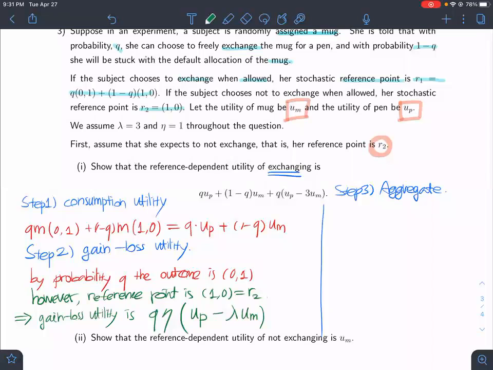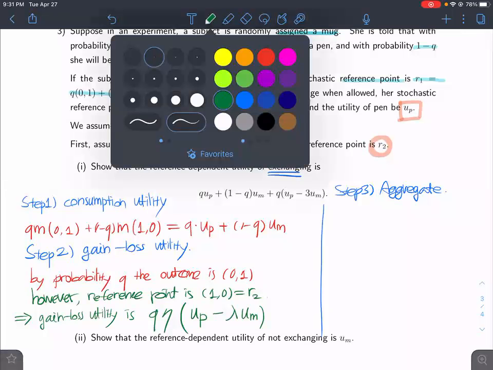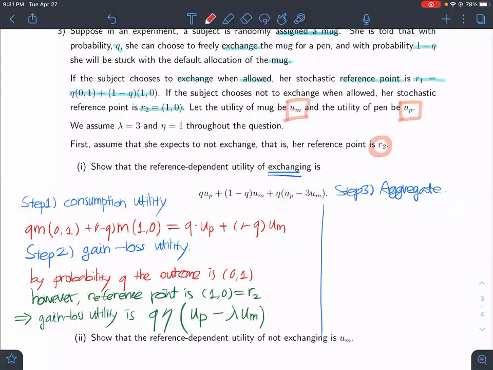So let me go to step 3. Then the final answer will be consumption utility, Q times UP plus 1 minus Q times UM, plus the gain loss utility, Q eta times UP minus lambda UM. Final thing to do is to substitute our assumptions.